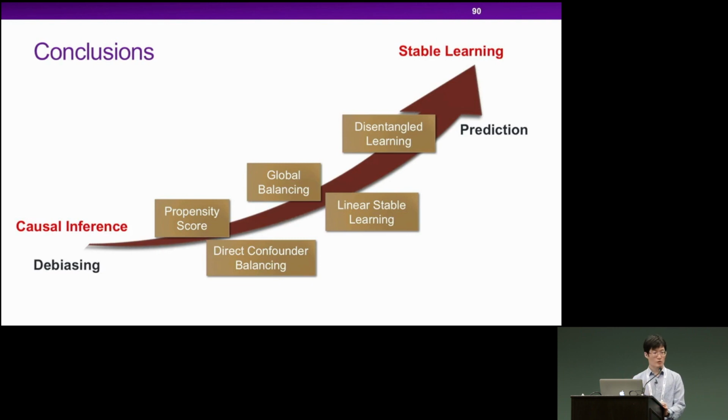Initially, the propensity score and direct confounder balancing, then global balancing and linear stable learning provide some theoretical foundations for this field, and also disentangled learning addresses representation learning on the nonlinearity problem. So we think there is still a very large space to explore in this direction, and I hope more and more researchers will join.